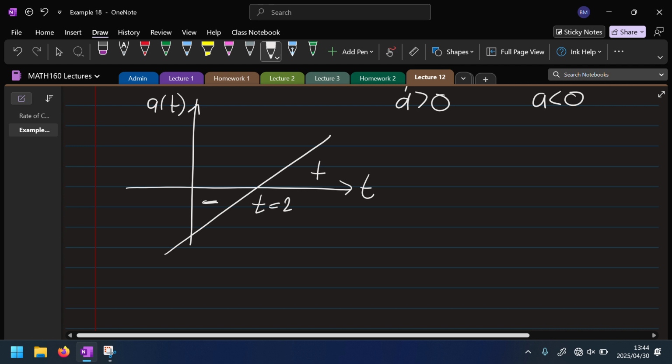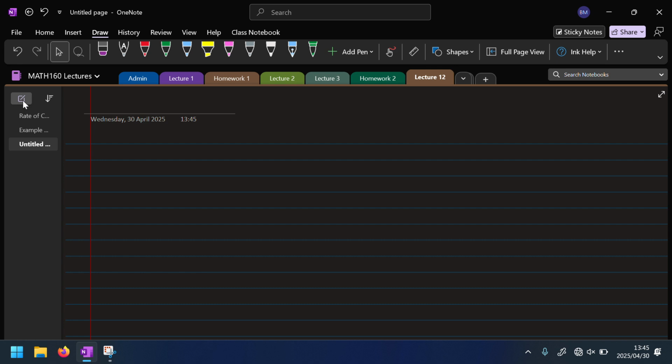After t equals 2, a is positive, so you're speeding up. Any questions on this first example? You should all be familiar with that from physics.